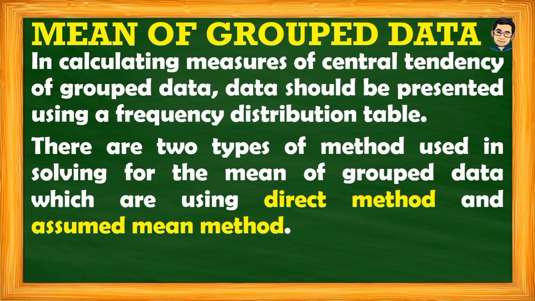Kahit alin man dyan ang gamitin natin, parehong sagot din po ang ibibigay. Ipapakita natin yan using one example and the two formulas, para makita nyo na kahit anumang formula ang gamitin natin, parehong sagot lang ang ibibigay.